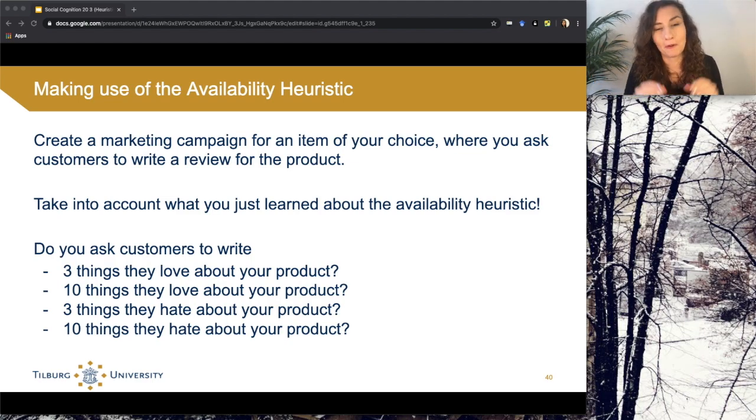But here we have to use a little bit of common sense and think, okay, perhaps it's not so good if you bring to people's minds exactly why they hate a certain product. So in this applied case, you would probably rather ask people to stay on the love side of things than to go on the hate route. But if you do have to use the hate route, then at least make it difficult for people so they will feel like they hate very little, and indeed they love a lot.